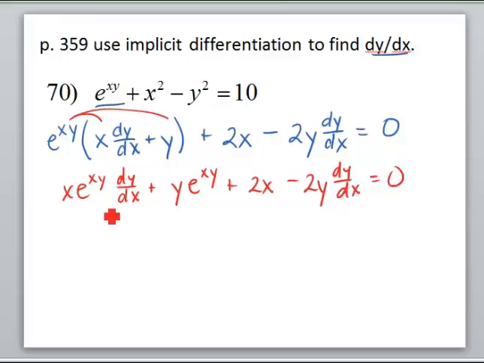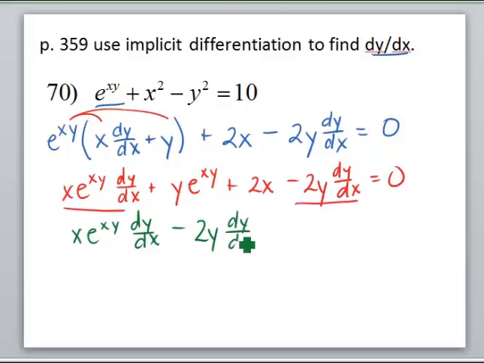The whole point in doing that is so that we can get these dy over dx's by themselves on one side. So I'm going to leave those two that I've underlined on the left-hand side, and I'm going to move the other two that are not underlined to the right-hand side. So that would make negative y e to the xy, minus 2x.